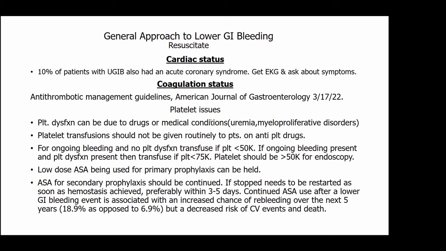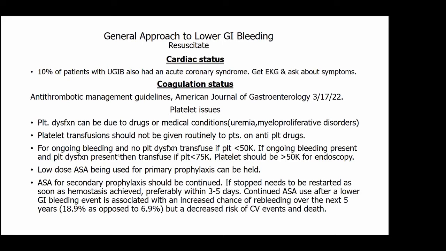The second thing that we have to deal with is the coagulation status, and this is a very good reference that suggests how we do that. The first thing we'll deal with are platelet issues. Platelet dysfunction is most commonly due to drugs, but it can also be due to medical conditions such as uremia or myeloproliferative disorders. It's suggested that platelet transfusion should not be given routinely to patients on antiplatelet drugs.